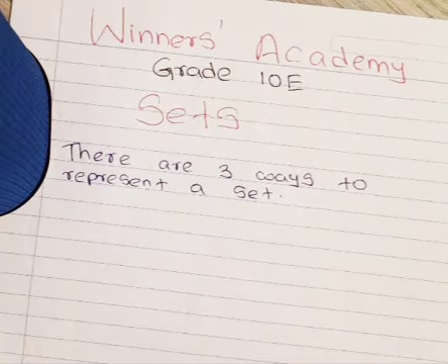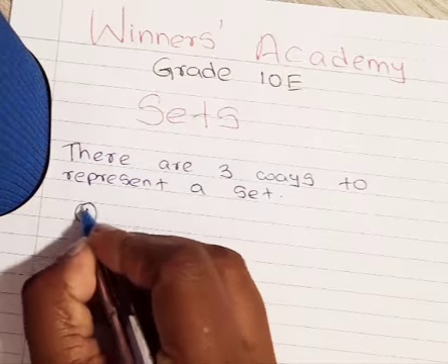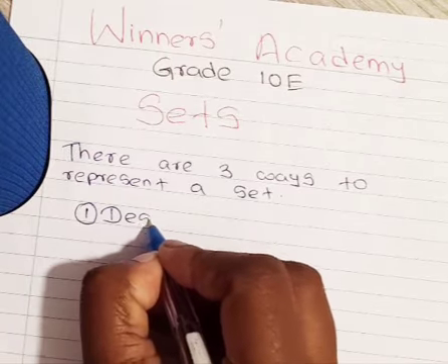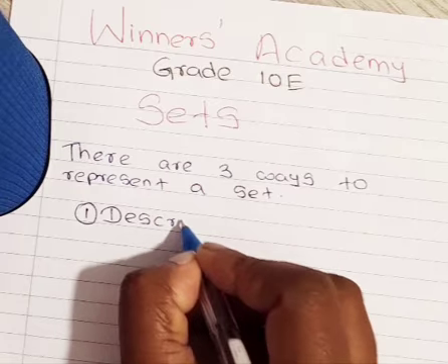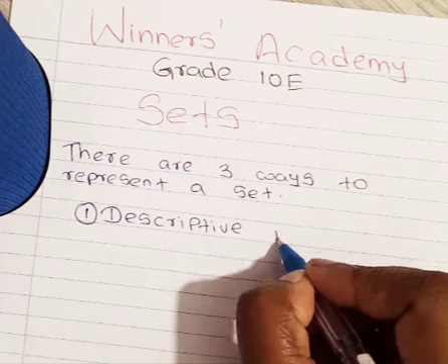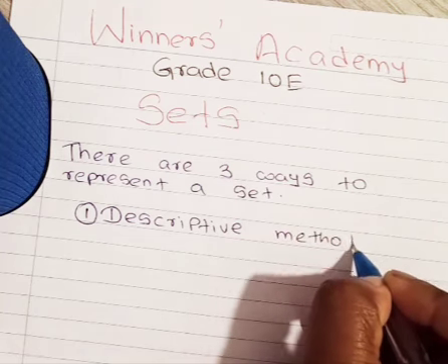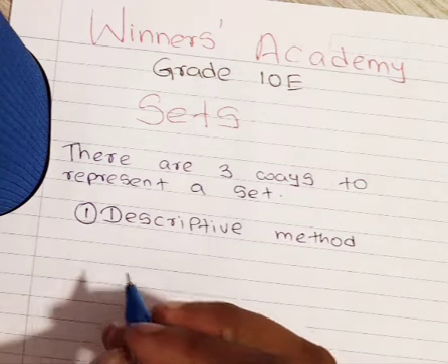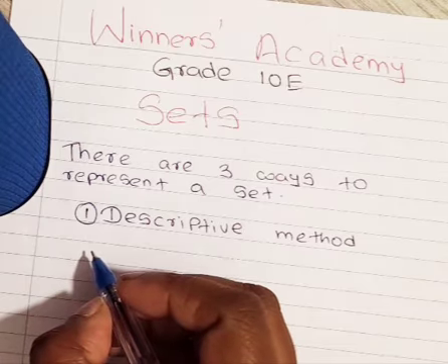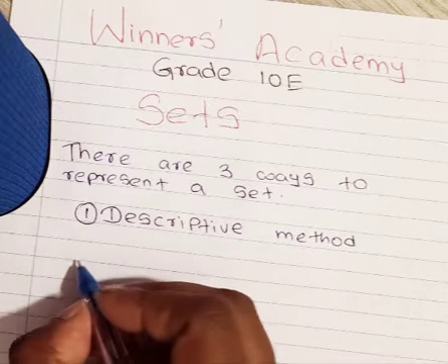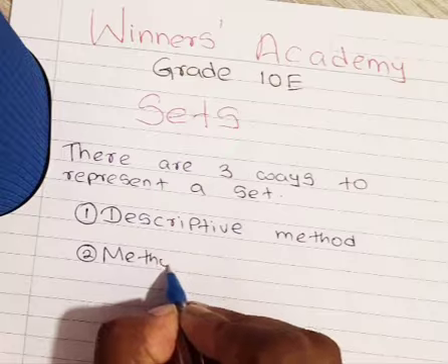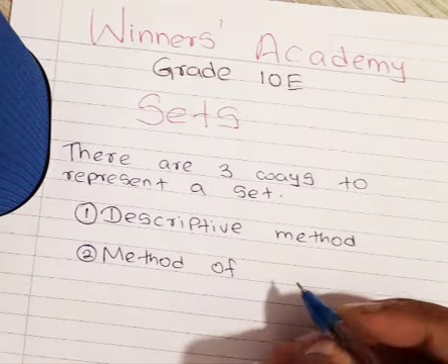So the first one I can write down like this: descriptive method. And the other one is the method of listing elements.